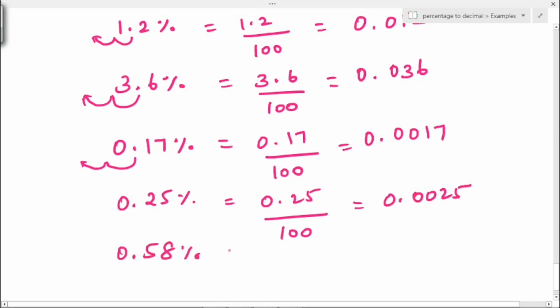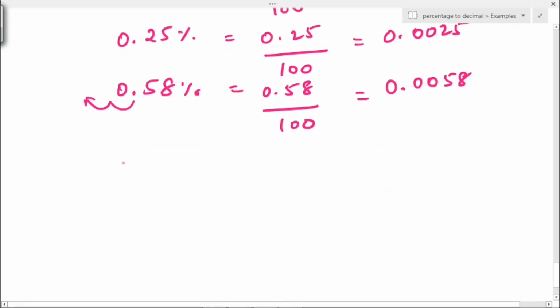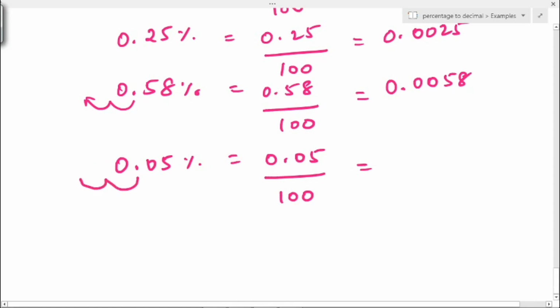Next, 0.58 percent, that is 0.58 divided by 100. That is nothing but 1, 2. First we start with 0 point, and here we have 0, 0 and 58. Suppose we have 0.05 percent. This can be written as 0.05 divided by 100. Again we start from this decimal, so that is 1, 2.